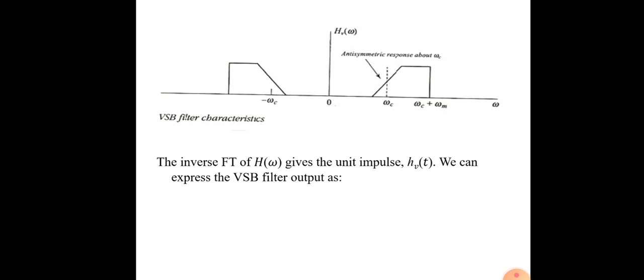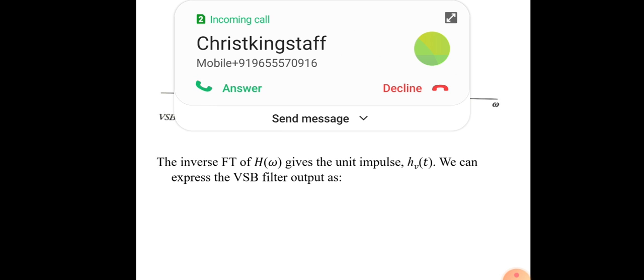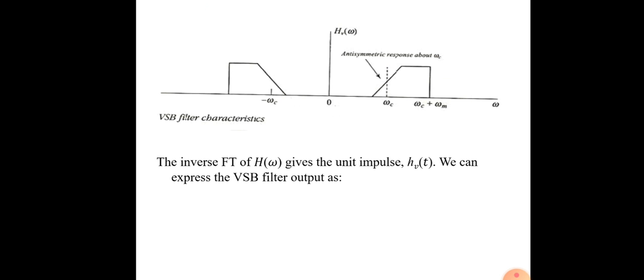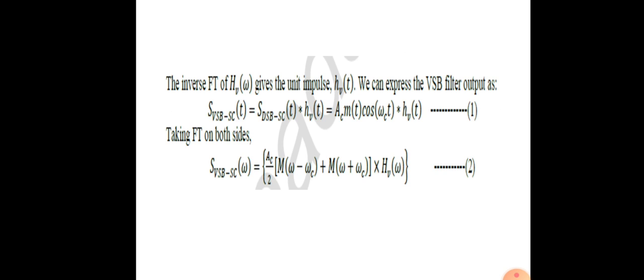Mathematically, the input is H of omega, and when we apply the inverse Fourier transform, the output is small h_v of t. That will be shown in the figure, so the overall response is shown in the figure.